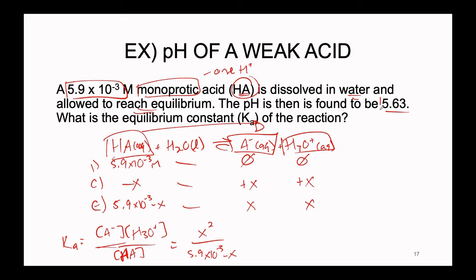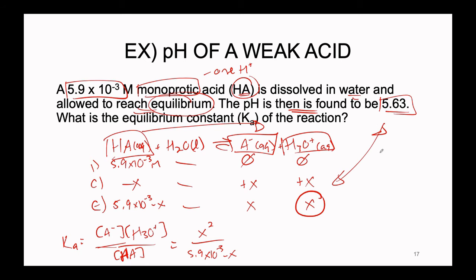Well, just like with that previous problem, when we solved for Kw, we used the pH, we can do that here. The pH tells us the concentration of H3O plus when we are at equilibrium, right? The pH is then found, meaning after equilibrium has been reached.